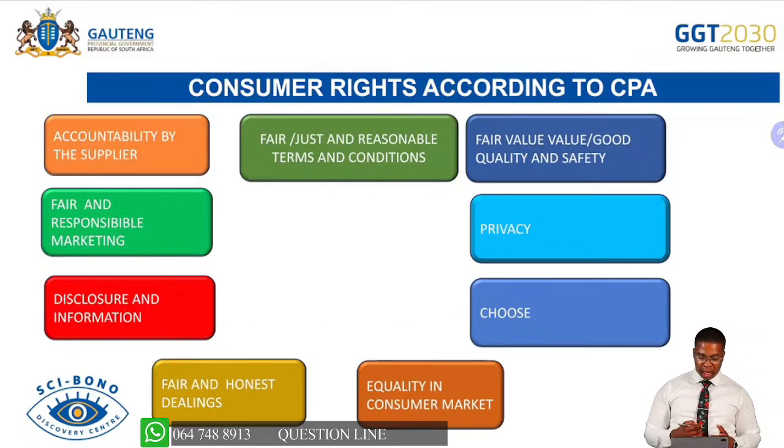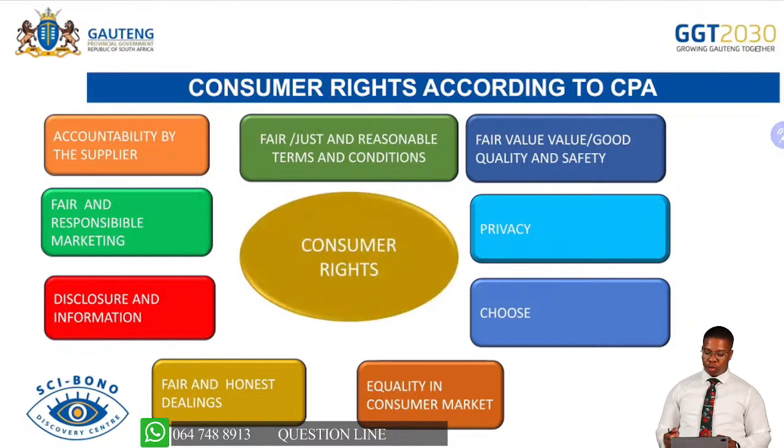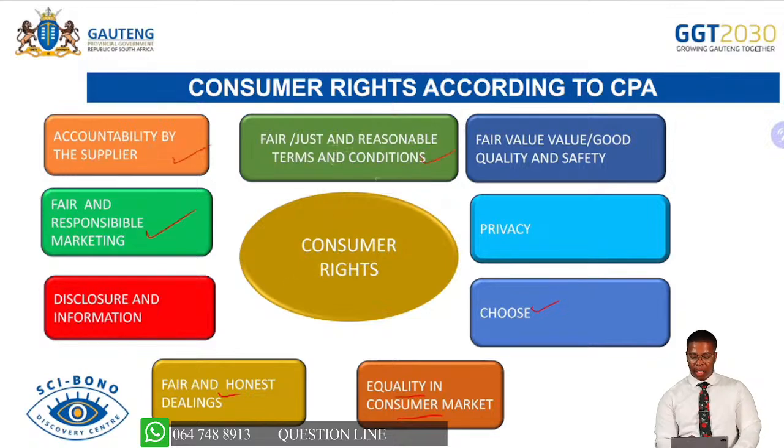Then when we look into the consumer rights according to consumer protection, we will look into the following: the right to choose, the right to equality in the consumer market, the right to fair and honest dealings, the right to disclosure and information, the right to fair and responsible marketing, and also we look into the accountability by the supplier, and also fair or just reasonable terms and conditions, and also the right to fair value, good quality and safety.